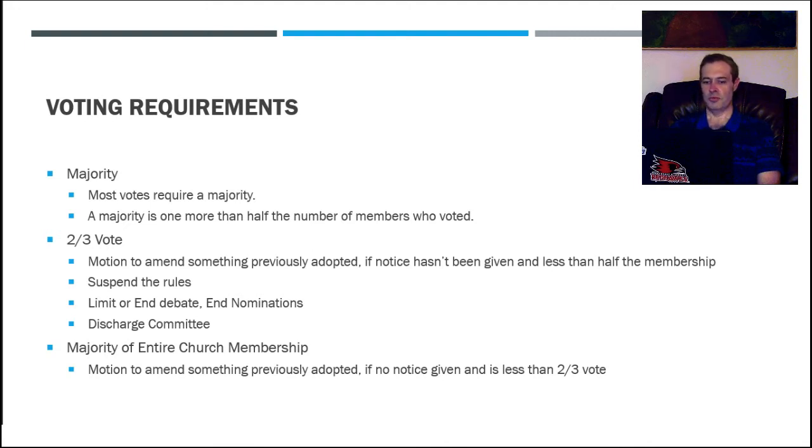Then there's the requirement for a majority of the entire church membership, and I've already discussed this being required for amending something previously adopted when notice hasn't been given. If notice has been given that something is to be discussed at that business meeting, then it only requires a majority, because everyone has the opportunity to attend the meeting, state their case and vote on it.